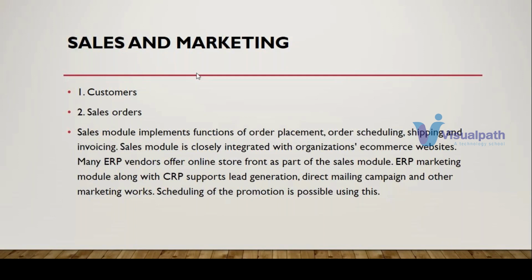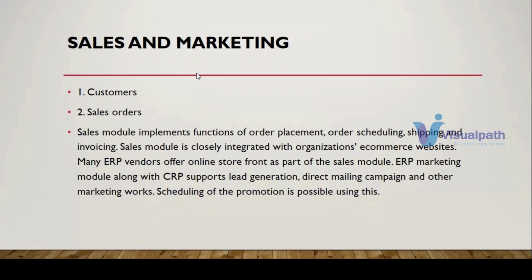Like I told you, you can imagine yourself as a company, like an entrepreneur. So you have your customers. You have to create sales orders for them, right? So a person who is coming to the store and giving an order to purchase some items from your store, they basically call it a customer, and the order created for them is called a sales order.